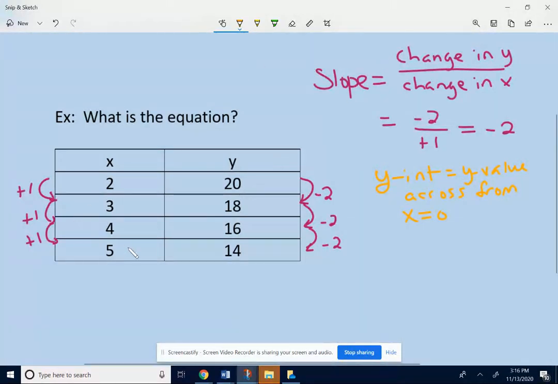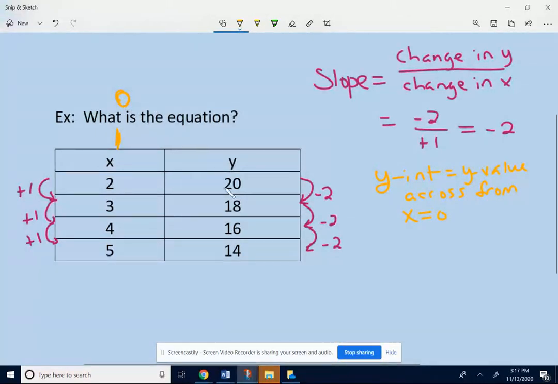Look right here. I would just count backwards if it was me. 5, 4, 3, 2. Okay, I want to have a 0 on the left side, right? 5, 4, 3, 2, 1, 0.